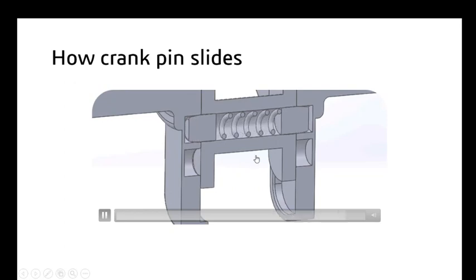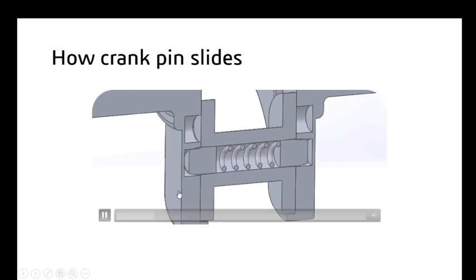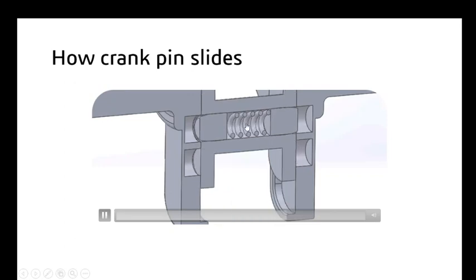The compressed one is then retracted into the above slot so that it is changed from the high cc engine to the low cc engine. Once again in the animation, these two pins compress the spring and then are retracted again in the low cc mode. This one is the high cc mode and this one is the low cc mode. This is how the crank pin sliding mechanism works.